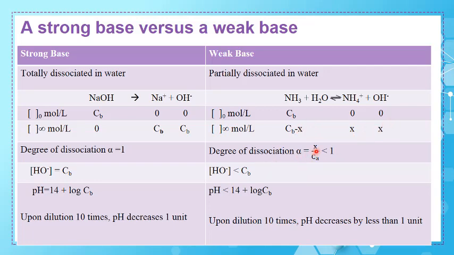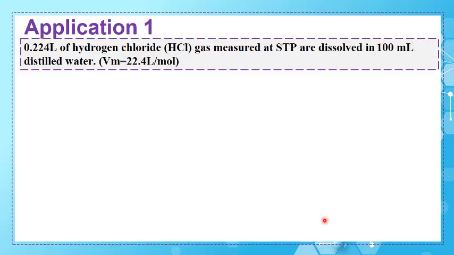So the degree of dissociation alpha would be equal to X over Cb, not Ca, excuse me, and that is less than 1. The concentration of OH minus is less than Cb, and definitely the pH will be less than this relation. Finally, upon diluting a solution of a weak base 10 times, the pH decreases by less than 1 unit.